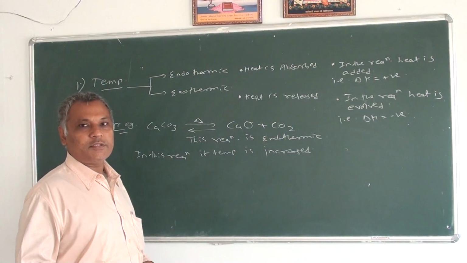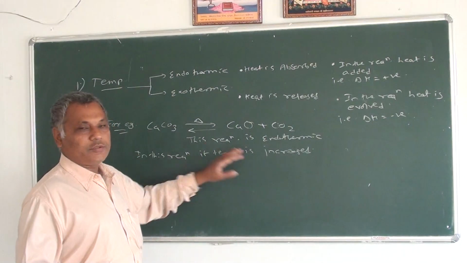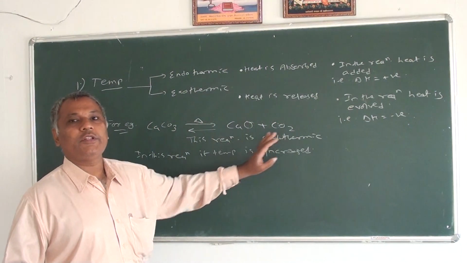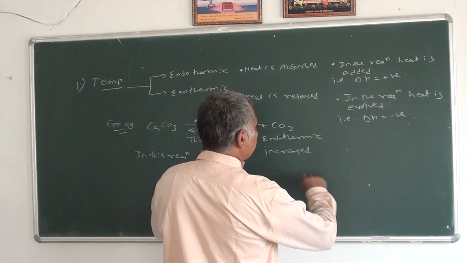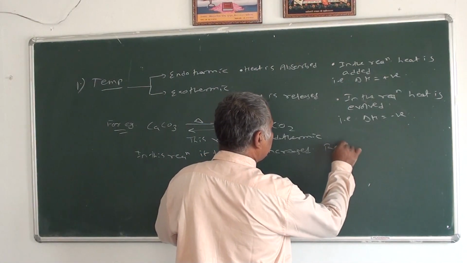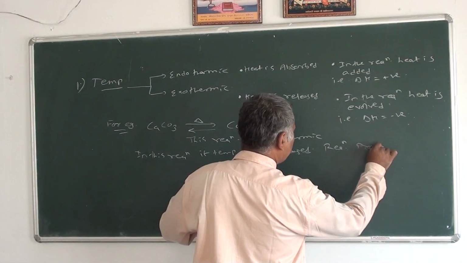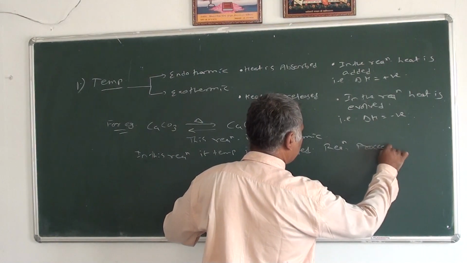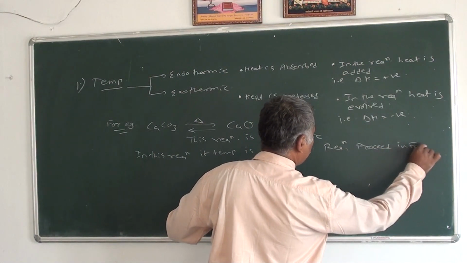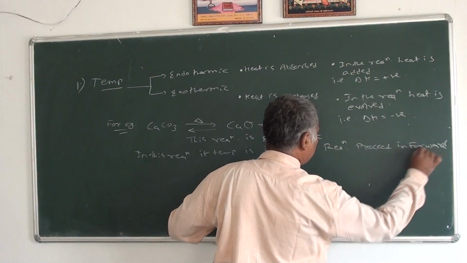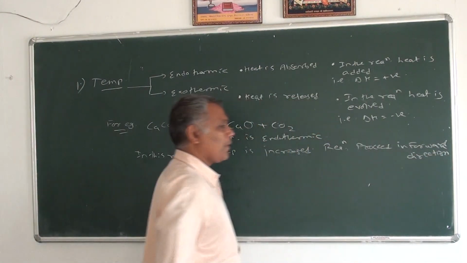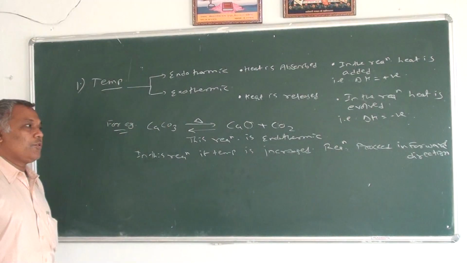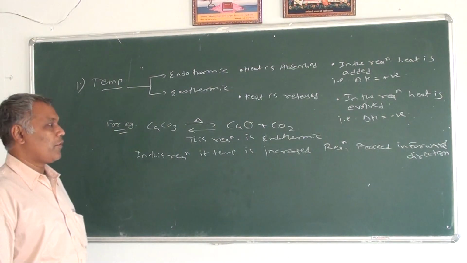It will utilize it. It will try to reduce the temperature, so it will proceed in the forward direction. So by increasing the temperature, the reaction will proceed in the forward direction.